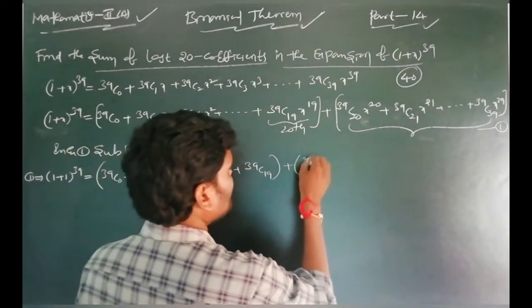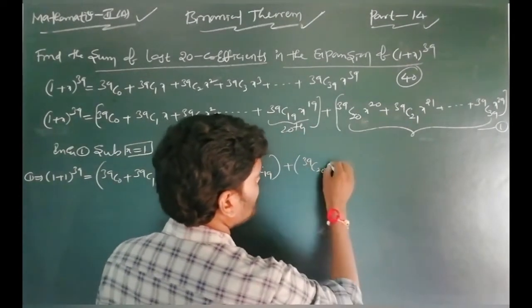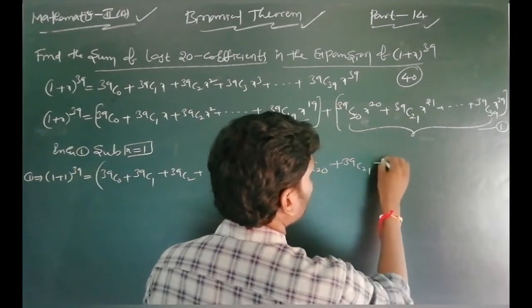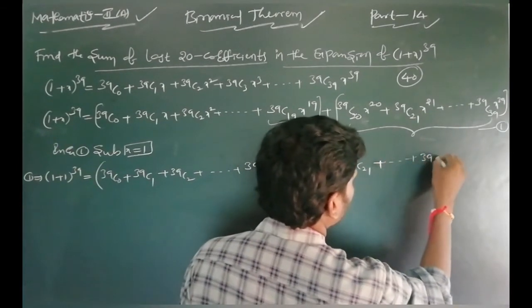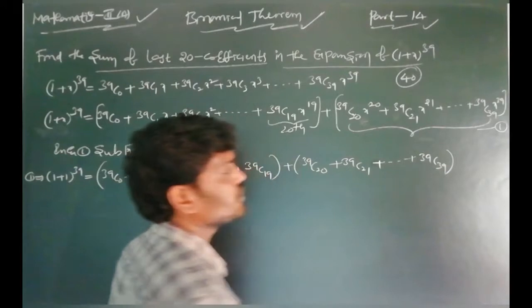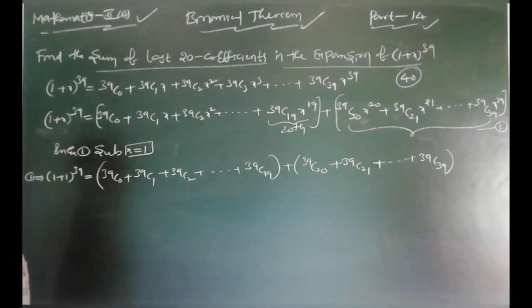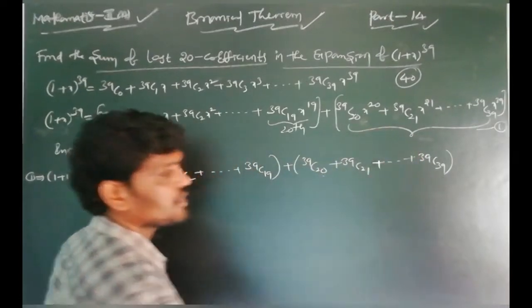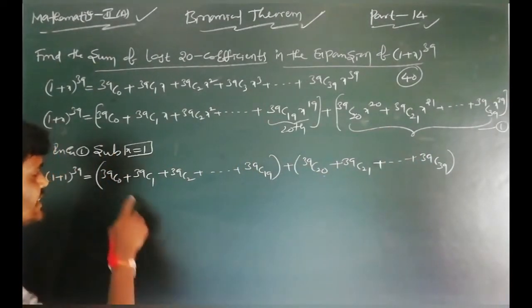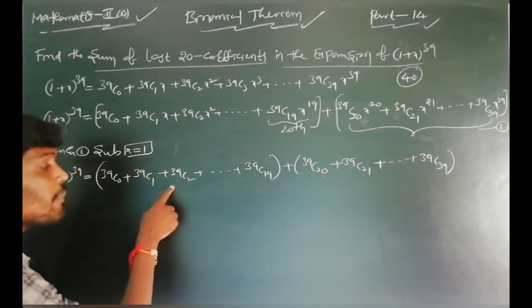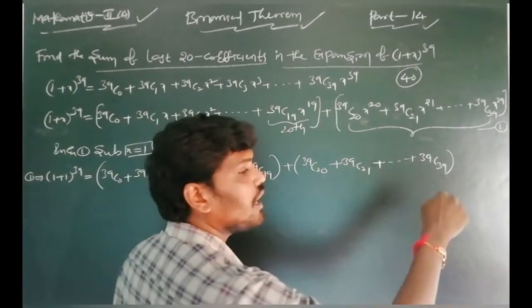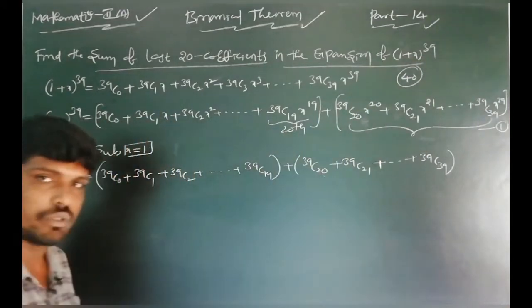Plus 39C20 times 1^20, plus 39C21 times 1^21, and so on up to 39C39 times 1^39. This is the sum of the first 20 terms' coefficients, and this is the sum of the last 20 terms' coefficients.